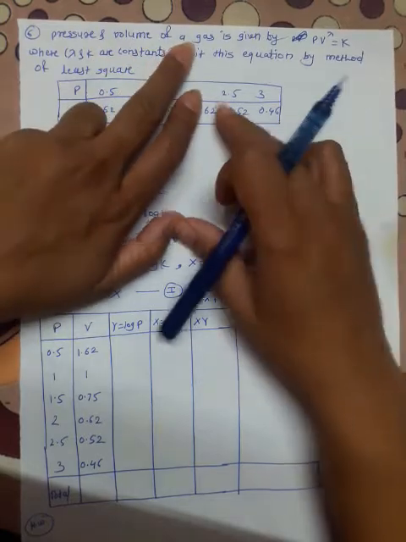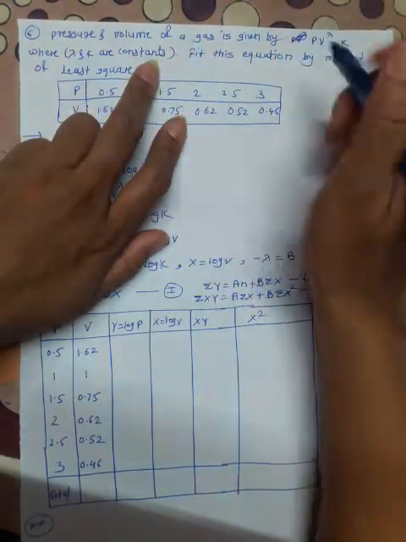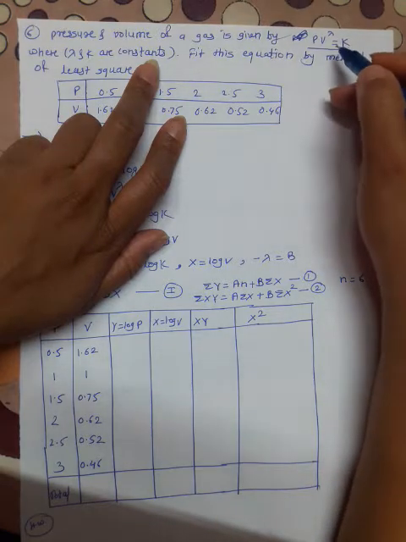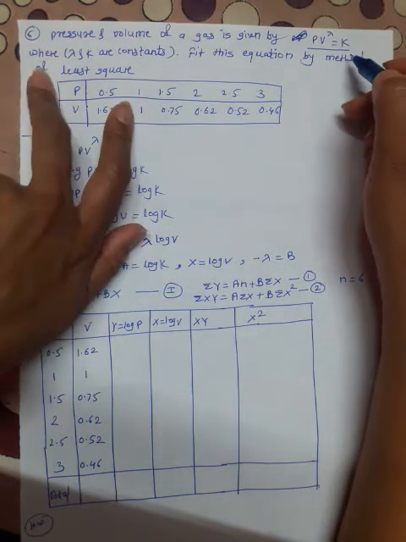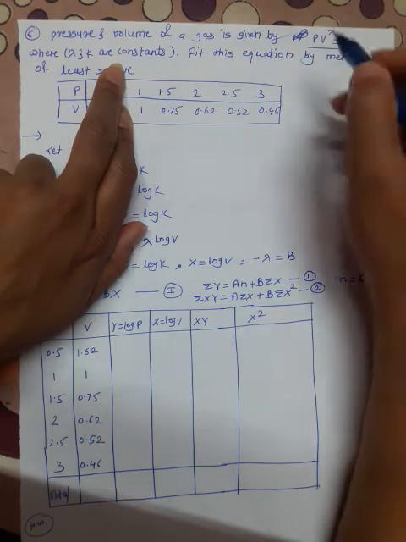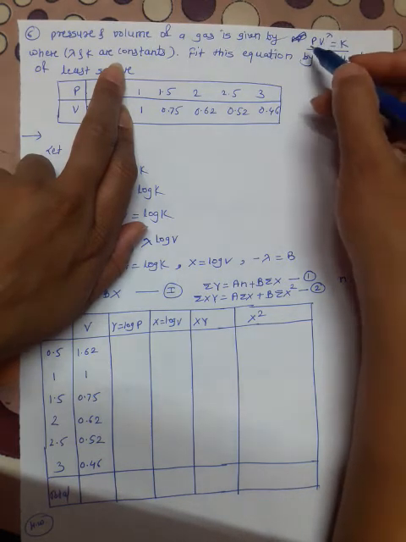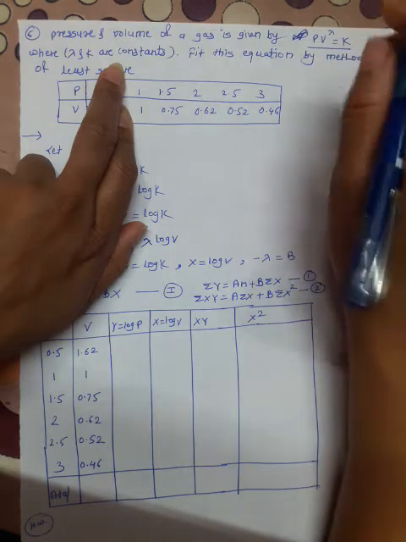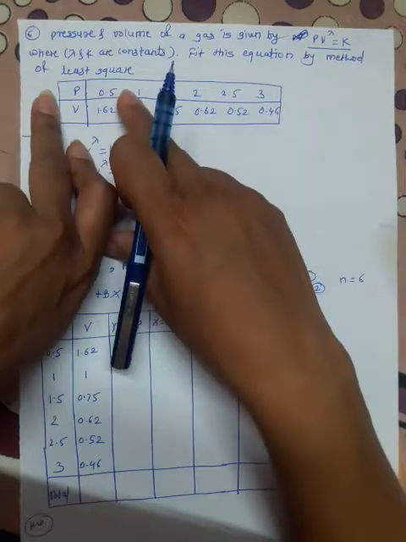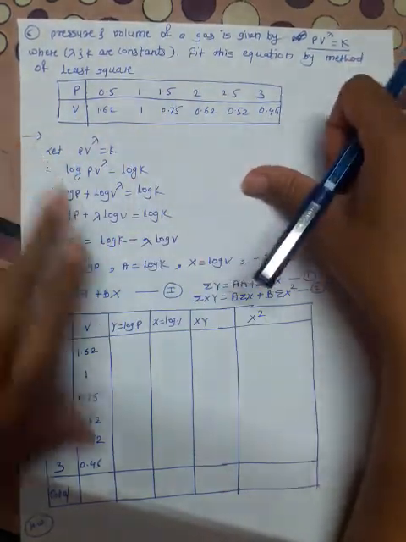Pressure and volume of a gas are given by this equation in the index form: P v raised to lambda is equal to k, where lambda and k are constants. This lambda and k are like a and b, and pressure and volume are the variables like x and y. Fit this equation by the method of least squares, where the ordered pairs of p and v are given.